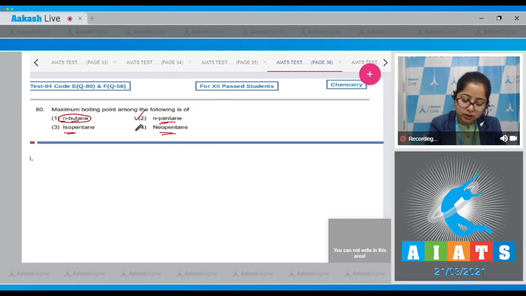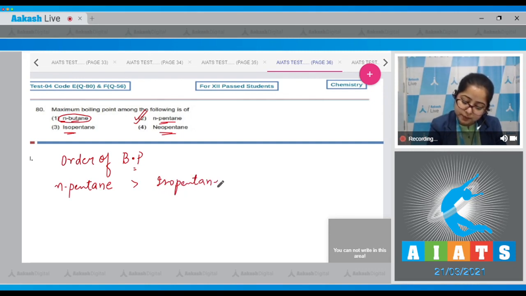That means the correct answer is option number 2, and I'm also writing the order of boiling point just for you people. The order of boiling point will be n-pentane followed by isopentane. As the branching increases, the surface area decreases. As a result, boiling point also decreases.